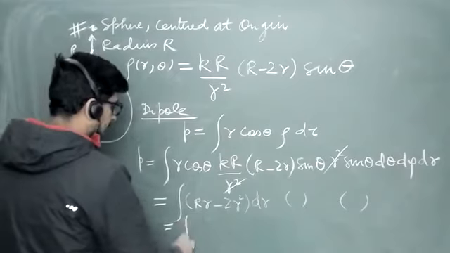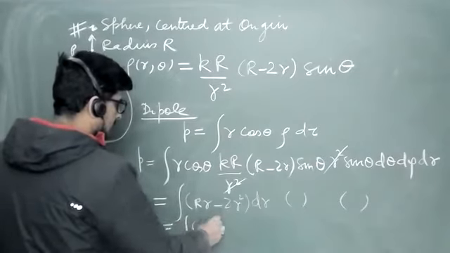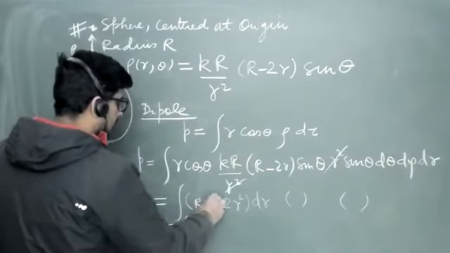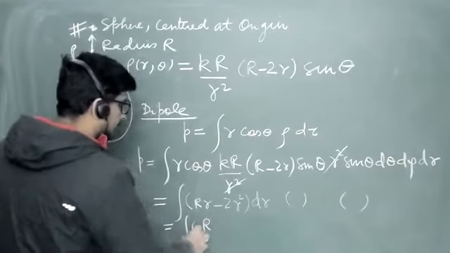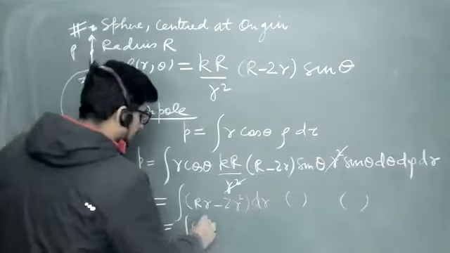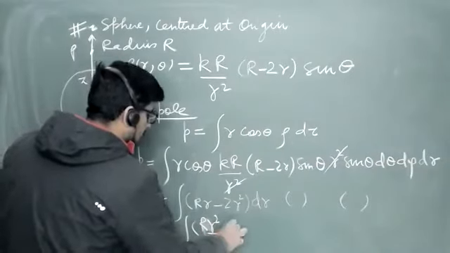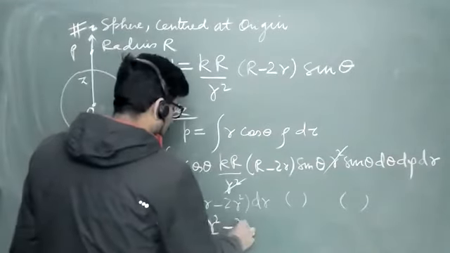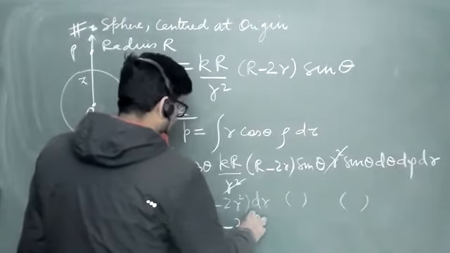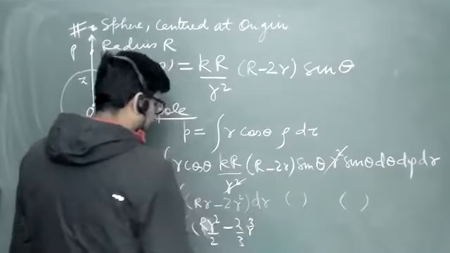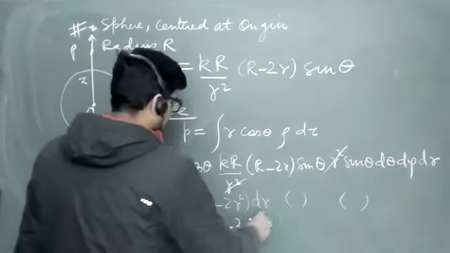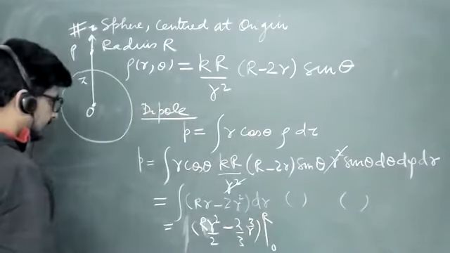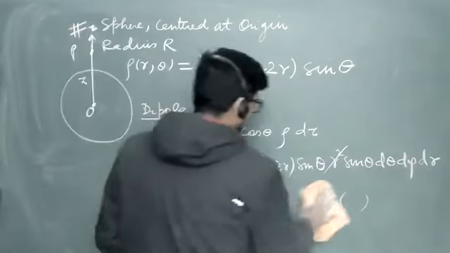It will become the integral of R r square by 2, minus, so it will become r cube. I will not put the limits yet. R r square by 2 minus, what will this become? 2 by 3 r cube. This will be the first term from 0 to R. So is this becoming 0? No. No problem, let us see the second term.